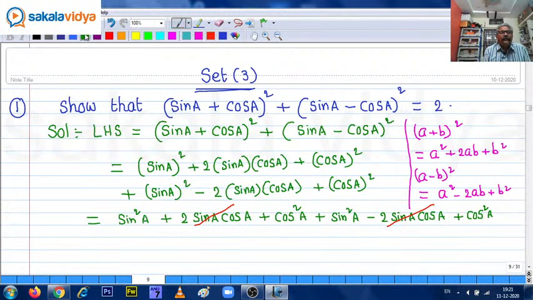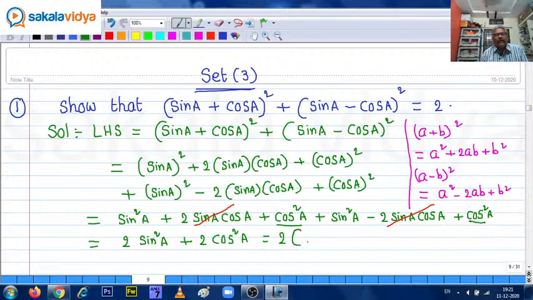So we have sin square A plus sin square A, 2 sin square A, plus cos square A plus cos square A, 2 cos square A. We shall take out 2 common. So 2 common out, we have sin square A plus cos square A. Sin square A plus cos square A is 1. Am I correct? So 2 times 1 is 2. This is RHS. That's proved.